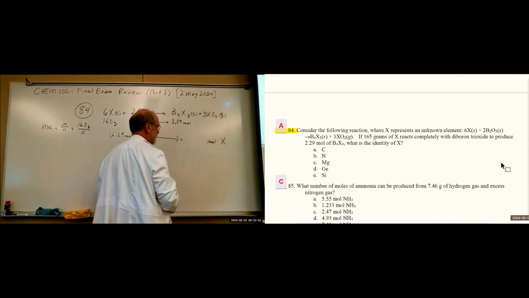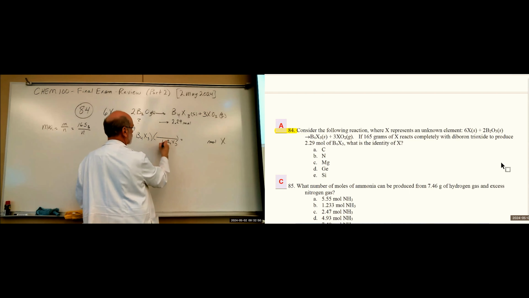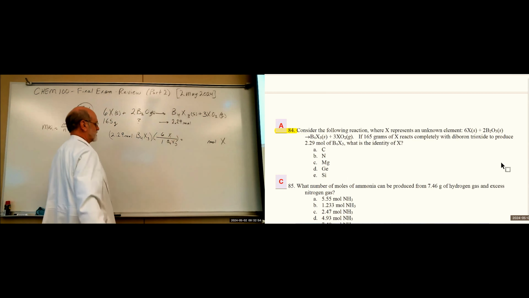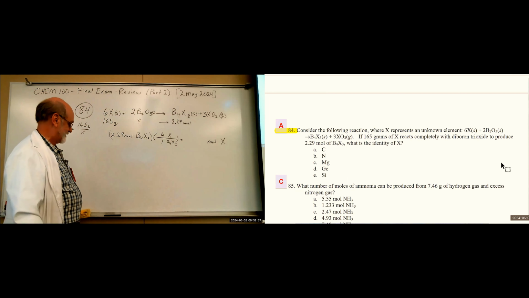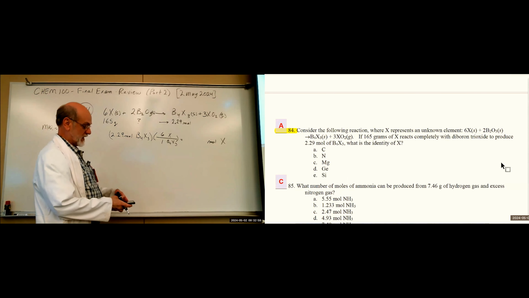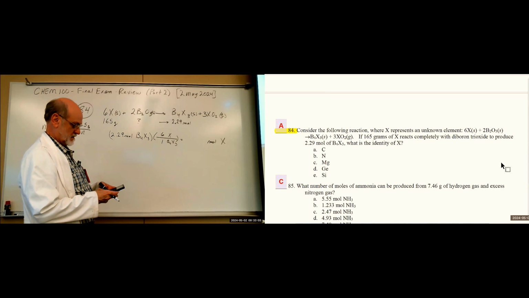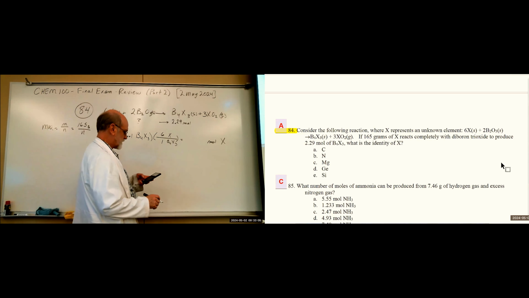Well, B4X3 is 1 coefficient, and X is 6 coefficient. Right? So 6 times 2.29 is 13.74 moles of X.